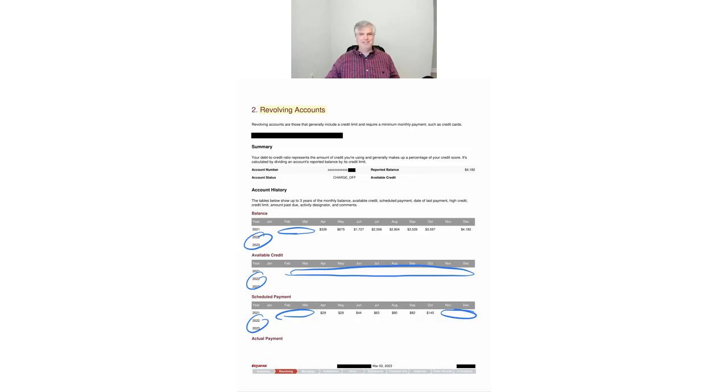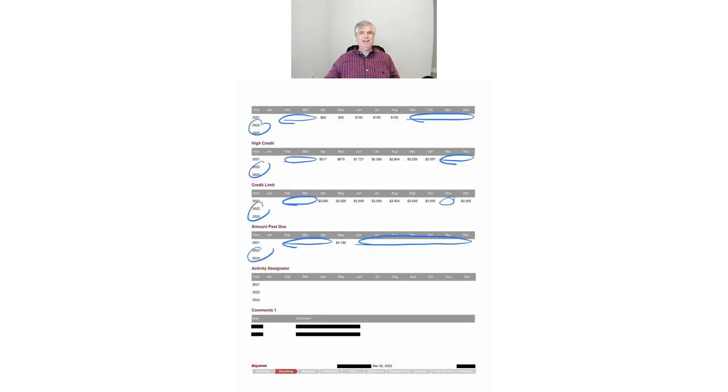And then you've got all of this under scheduled payment and under actual payment, high credit limit amount. So we start adding this up. When we file these lawsuits, we'll say, we pointed out 147 errors to Equifax on the Capital One account, and after investigating it, they still kept 138 errors on the Capital One.